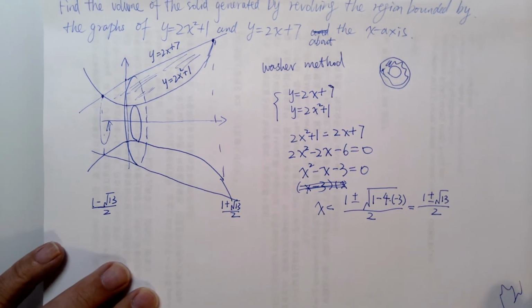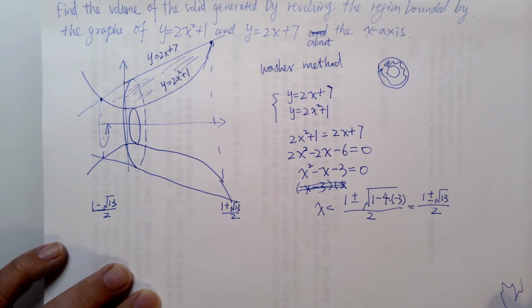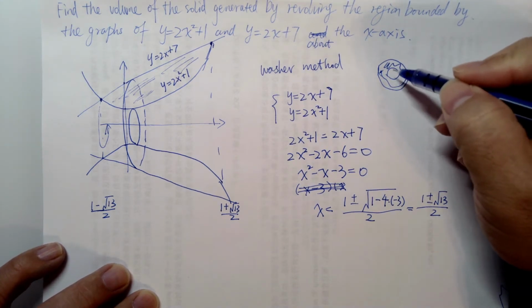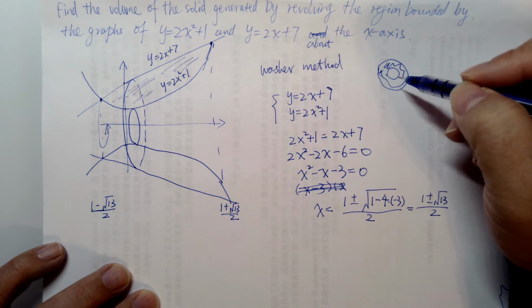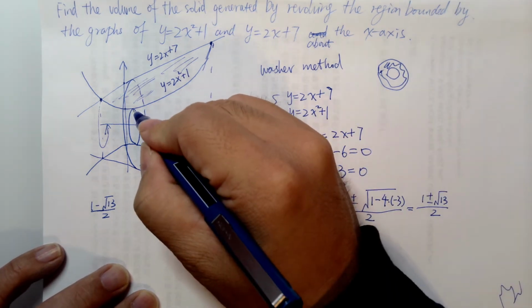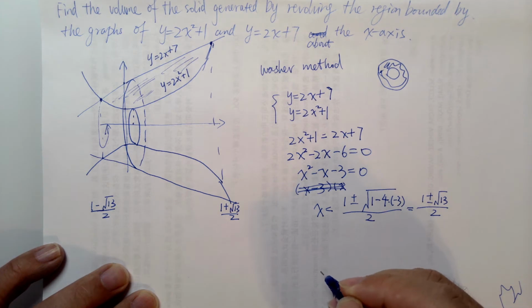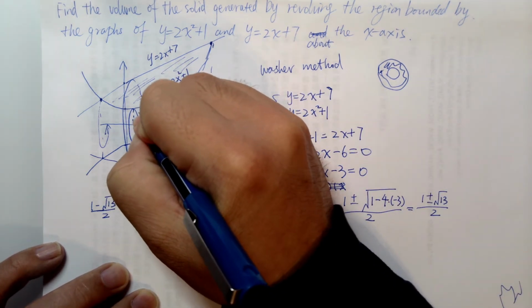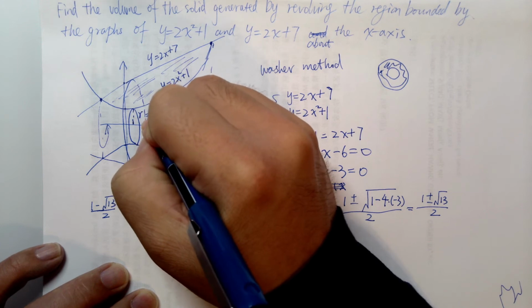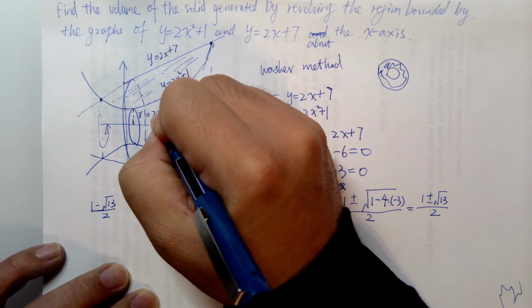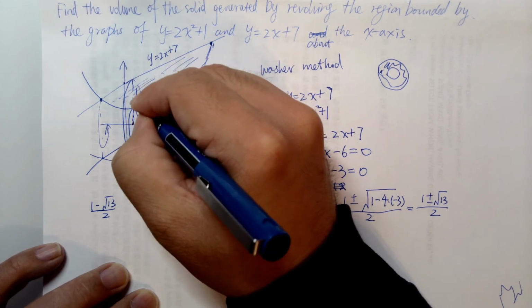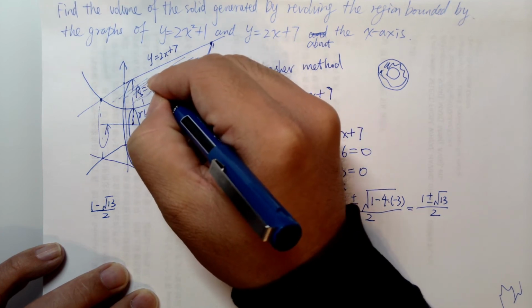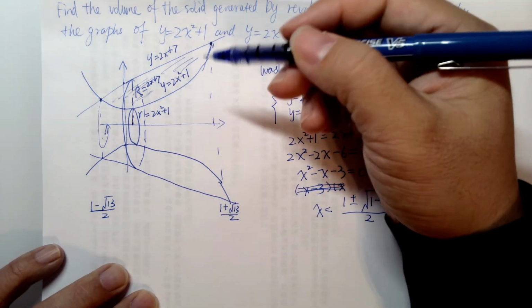Okay, so once we get that, what we need to do is solve for the area of this cross section, right? So we know that the smaller radius is going to be 2x squared plus 1, right? And then the larger radius here, capital R, is going to be 2x plus 7 because that's on top.